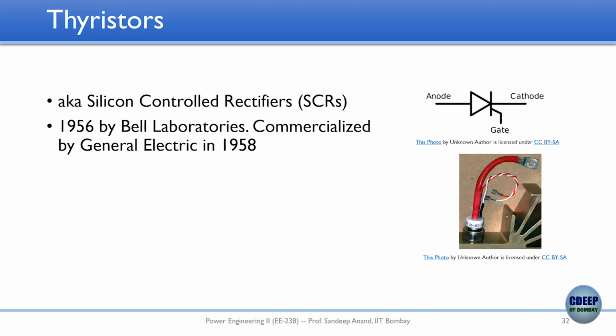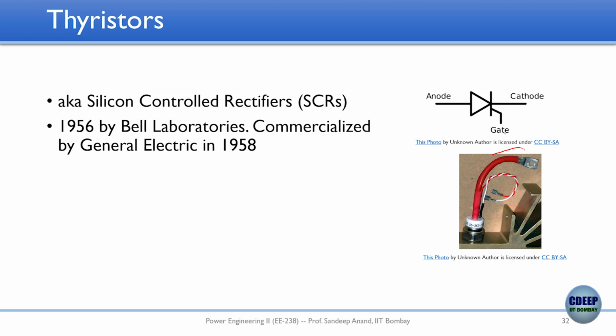This is the symbol on the right, which I have already used. There is an anode, a cathode, and a gate. In terms of operation, you can imagine the mercury arc valve, they are exactly the same. Of course, better performance, maybe lesser losses, faster switching, smaller size, but the basic operation is the same as the mercury arc valve.